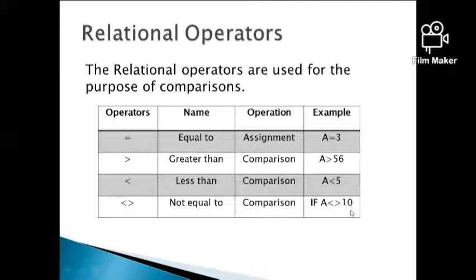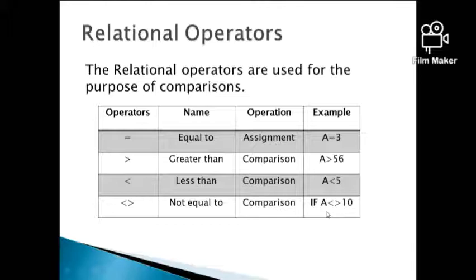In this operation, you will get your answer in yes or no. It means the computer will compare the value of A with 10. If the value of A is not equal to 10, it will provide you true. If it is equal to 10, then it will provide you false.